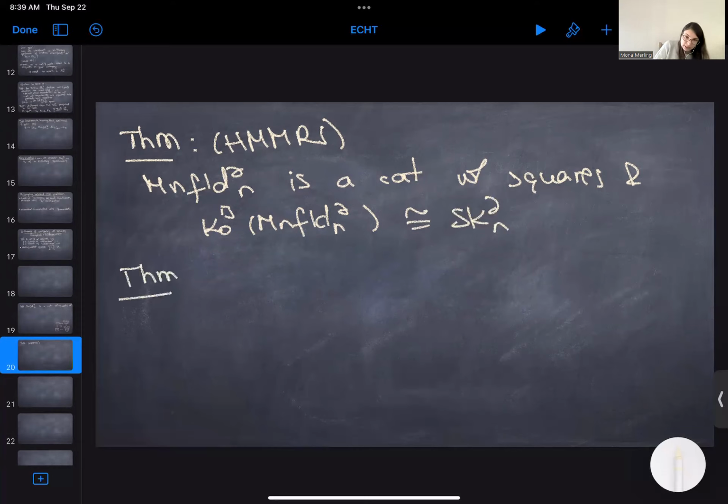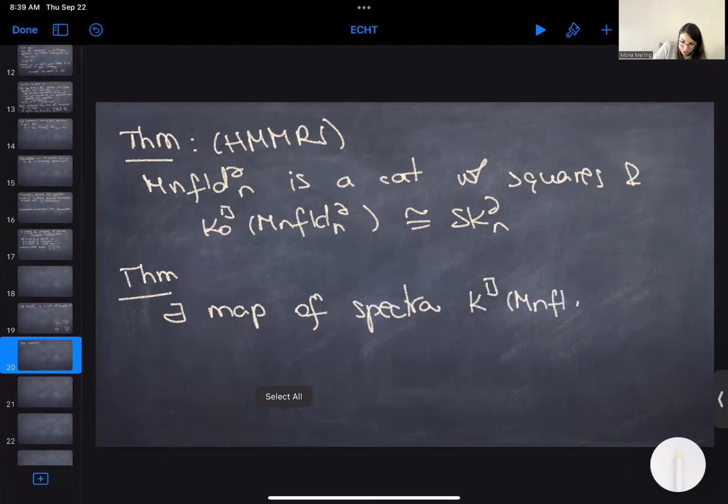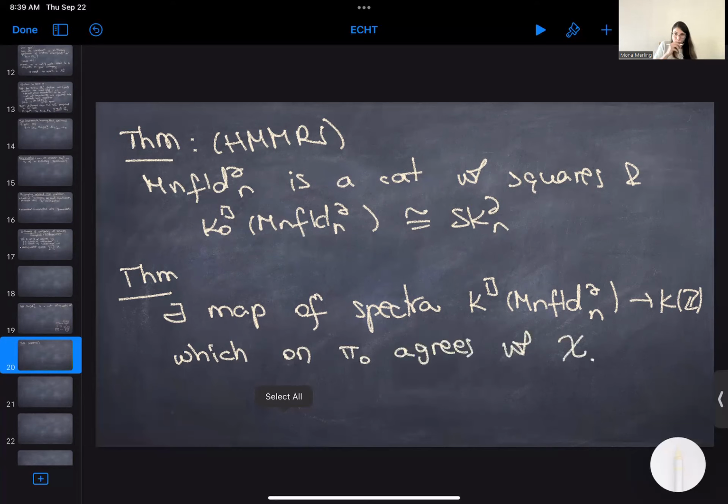And second, what we can show is that there exists a map of spectra from this square K theory of manifolds to K of Z, which on pi naught agrees with the Euler characteristic. So on pi naught, it sends the class of a manifold to its Euler characteristic.